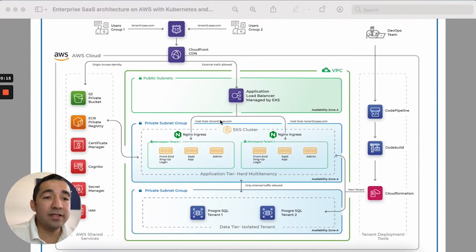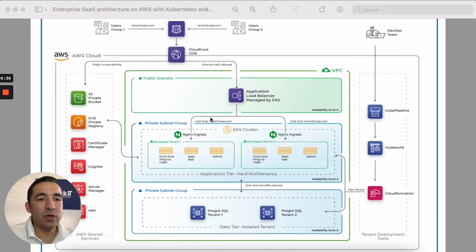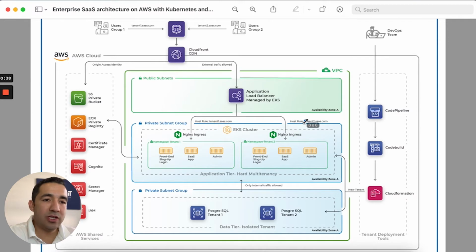So guys, let's move to multi-tenancy within the Amazon AKS cluster. So we have tenant 1 and tenant 2, and every tenant will go to the Nginx ingress controller and the ingress controller 2. Remember that every namespace should have its own Nginx controller. Now, how is this environment isolated?